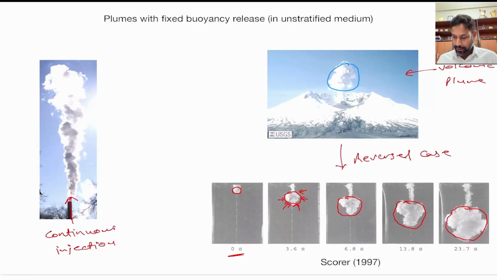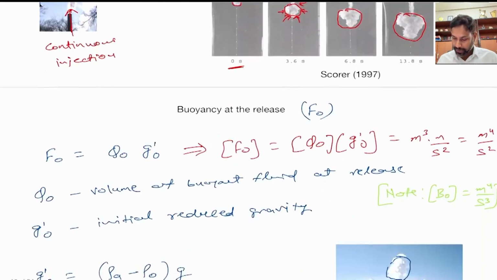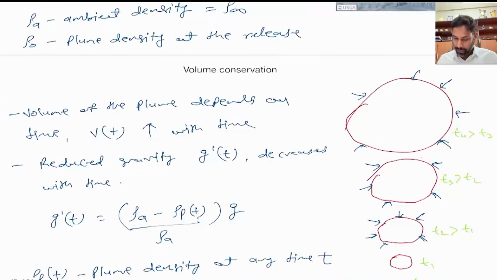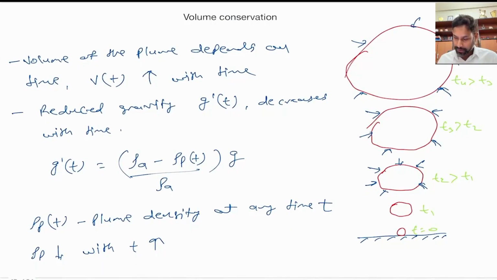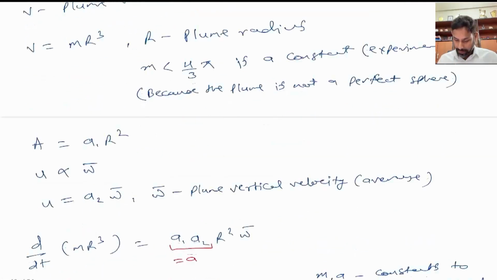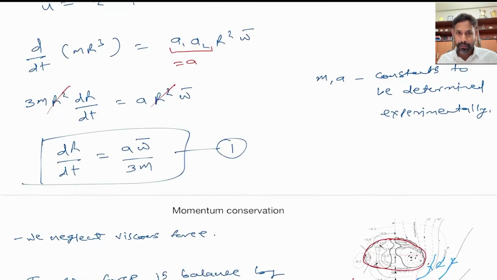In the process, it also mixes with the ambient, and the density or reduced gravity of the plume decreases, whereas volume increases, right? And we have been trying to derive volume conservation, which by considering r to be the radius of the plume, we were able to derive this equation: dr by dt is equal to a w bar over 3m, where w bar is the mean velocity of the plume in the vertical direction, and a and m are the constants.